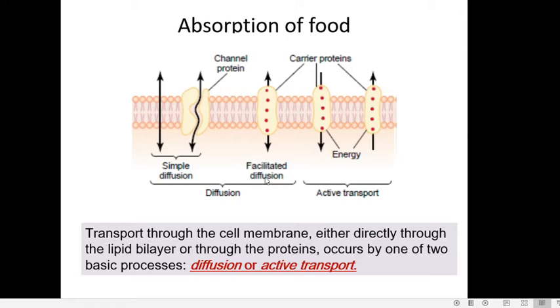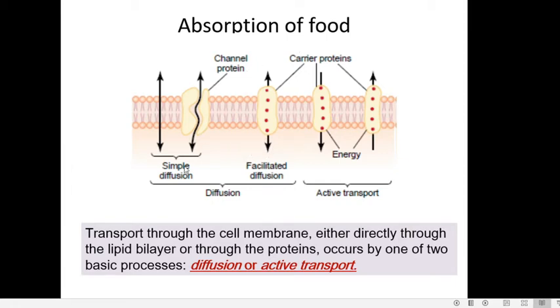In facilitated diffusion, the molecule will not be able to pass through directly. It has to take the help of a molecule called a carrier or a permease, which is also a protein integrated with the cell membrane. The permease molecule binds to the substance to be transported and undergoes some conformational change so that the substance is transported to the other side of the membrane.